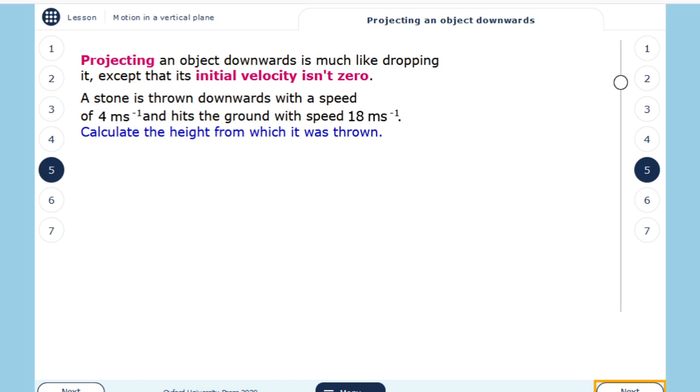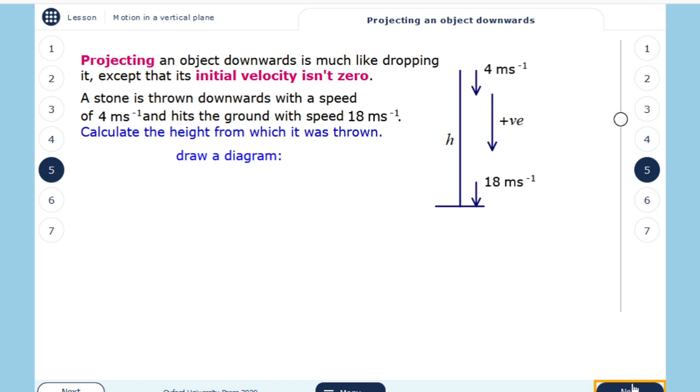Calculate the height. Now, again, I throw my stone from here with this initial speed. The positive direction is downwards, and just before hitting the ground, the stone has this speed.